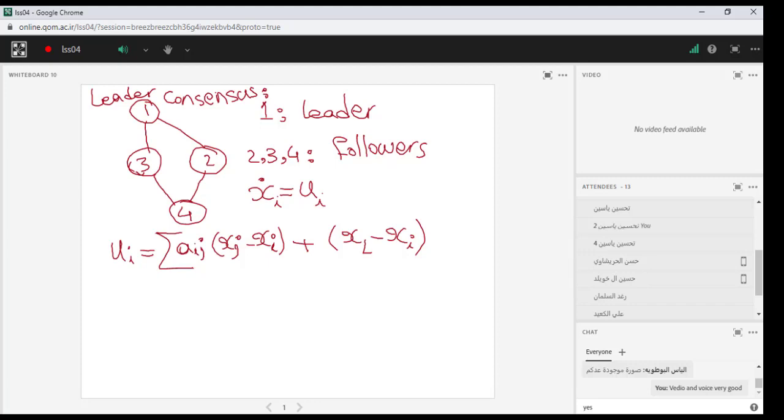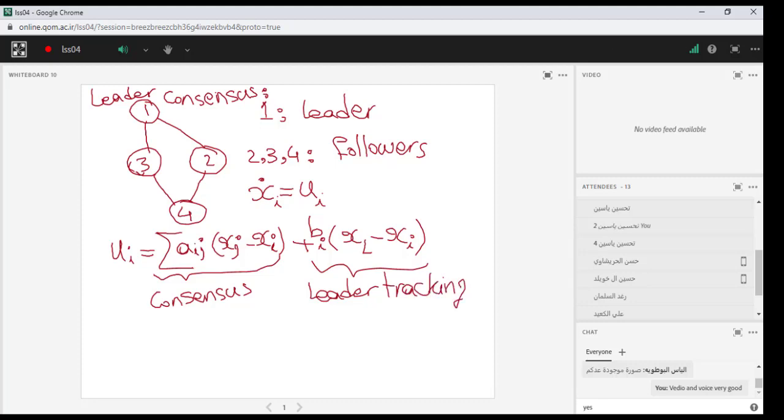We add this term and multiply it by bi. This term is for consensus. This term is for leader tracking.